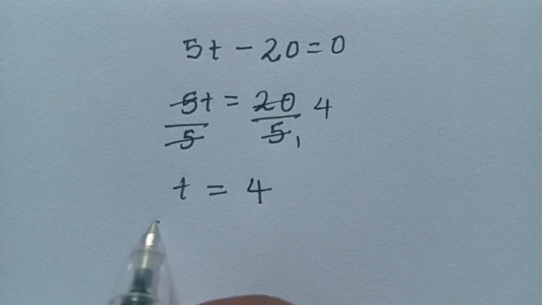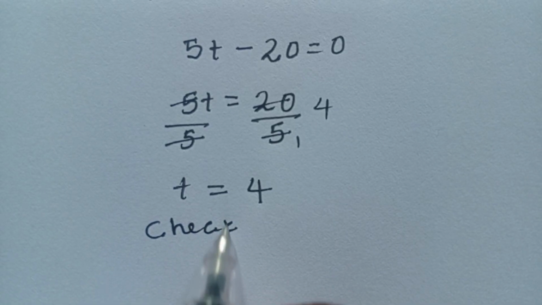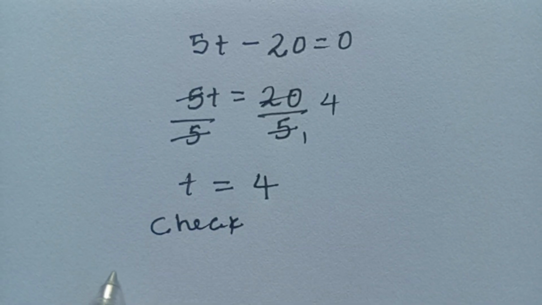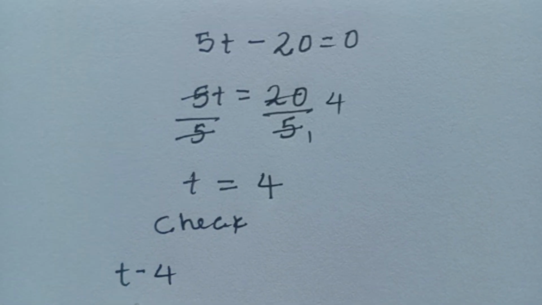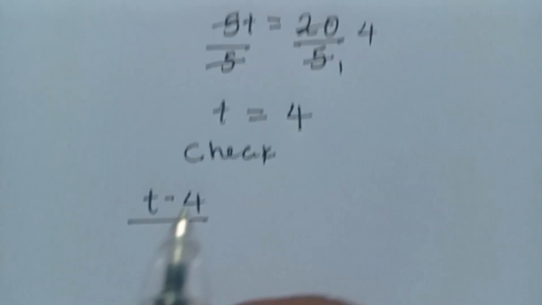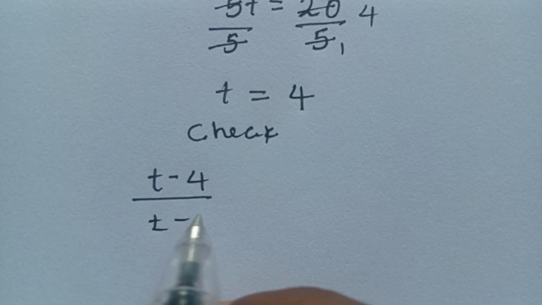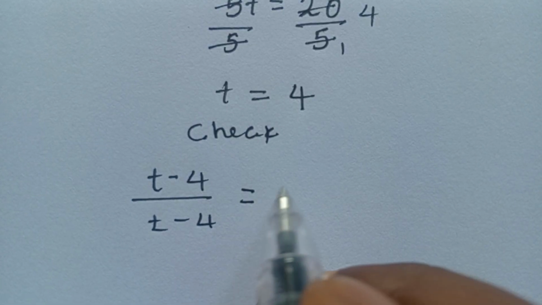Then check it. (t minus 4) over (4 minus t) equal 4.